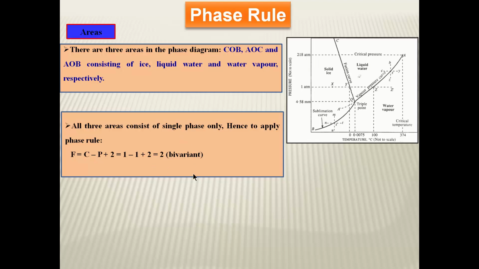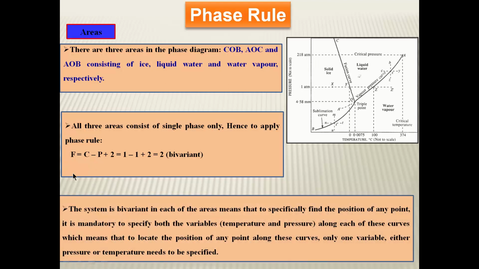That is, the system is bivariant. It means that I need to specify both the parameters at one point. That means to find the position of any point, it is mandatory to specify both the variables, temperature and pressure, whereas along the curves we needed only one variable.